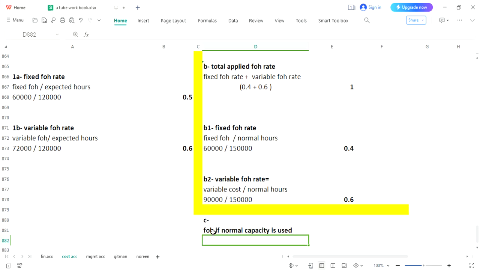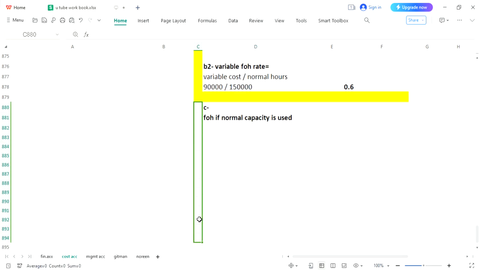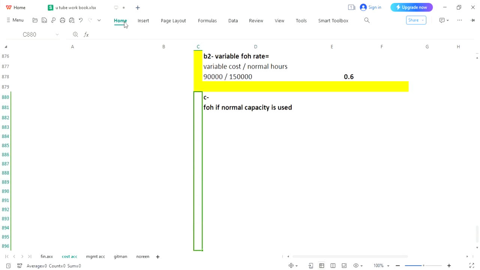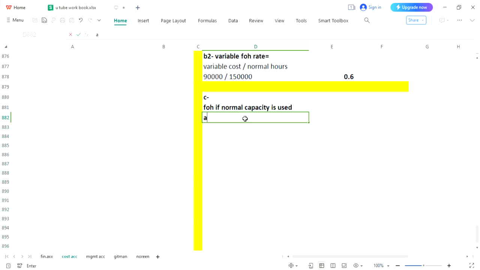It is understood, by the way, that whatever we are writing over here is according to normal capacity. For that, you will take actual hours, multiplied by the applied FOH rate.